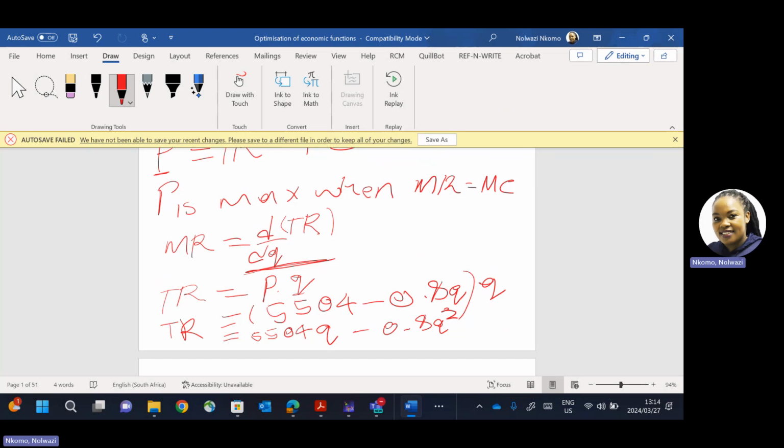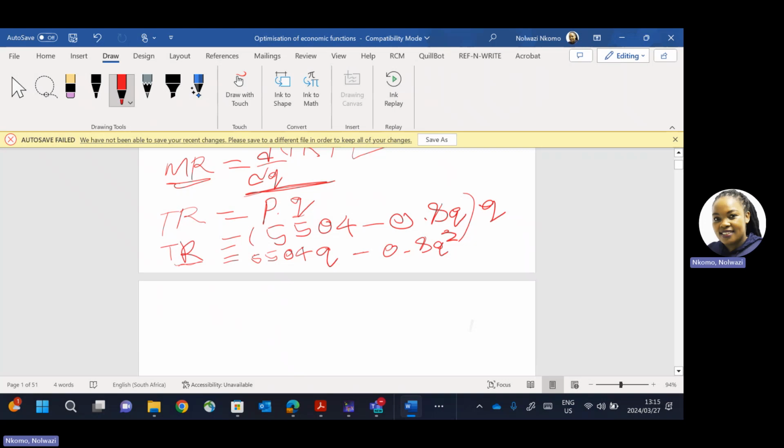But remember, the reason we went this way to find the total revenue is because we wanted to differentiate the total revenue to find the marginal revenue. Since we now know the total revenue function, we can differentiate it. We said the marginal revenue is equal to the derivative of the total revenue, which is 5504 Q minus 0.8 Q squared, right?